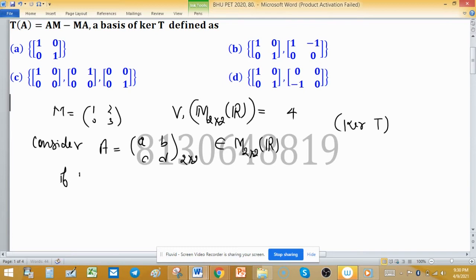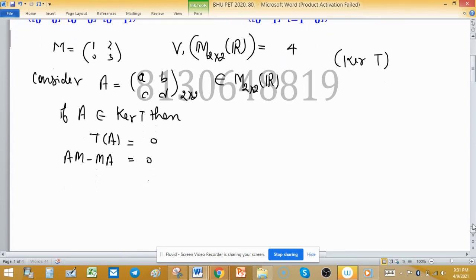If this element A belongs to kernel T, then by the definition of kernel T, T of A is equal to 0. It means that AM minus MA, as this is given, equals 0.